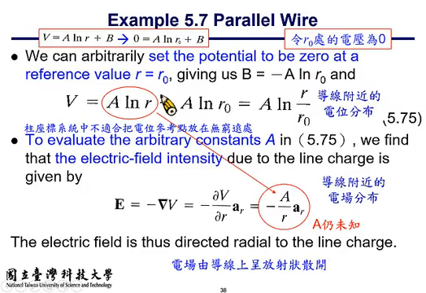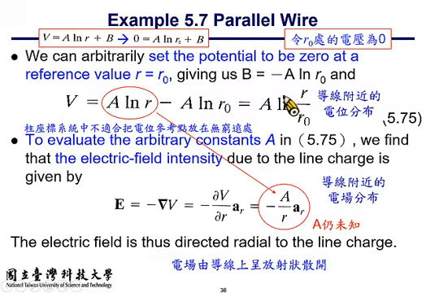Then the specific solution, at any other place, the voltage can be expressed as A times log of R minus A times log of R sub 0. And because this is a log and this is a minus sign, it can be simplified as A times log of R over R sub 0. So this is the voltage at a certain place near this wire.